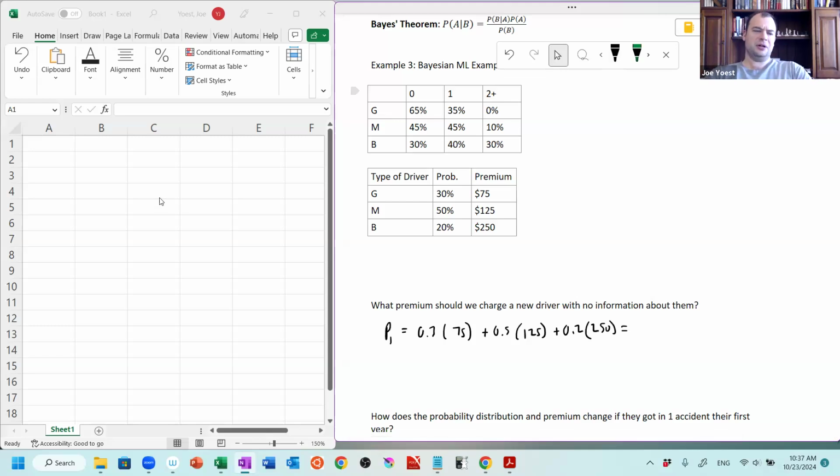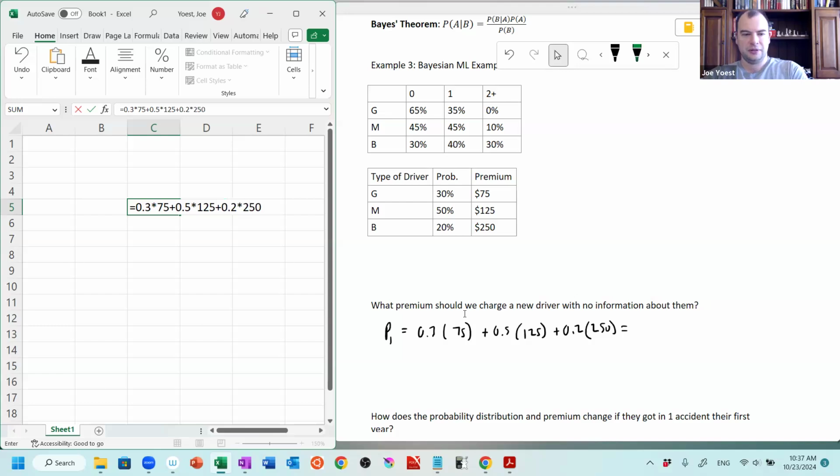And I did restart my computer and try to get my calculator back up and running, but it's not wanting to cooperate. So we'll be using Excel for our calculator today as well. So 0.3 times 75 plus 0.5 times 125 plus 0.2 times 250. So the premium is 135.